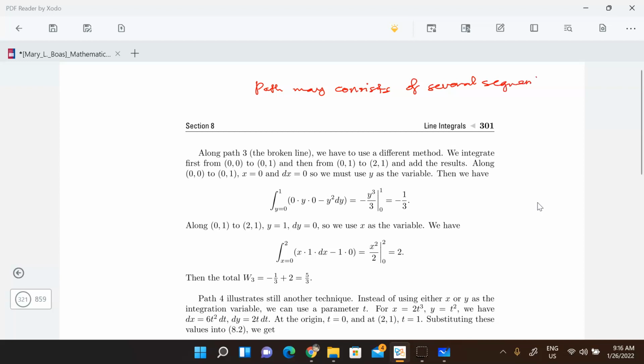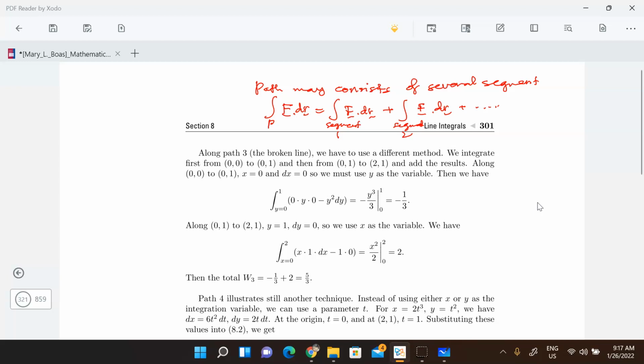Say, here is a path P, integral of f dot dr. Since you can break it up into several segments, you can simply integrate over segment 1, f dot dr, and then segment 2, f dot dr, and the same thing if you have more segments.